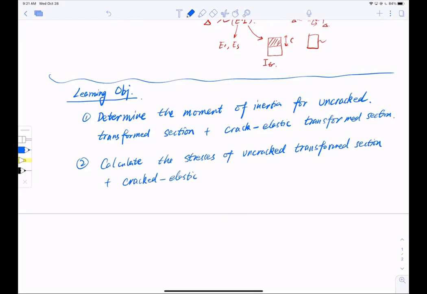Correct. Elastic transformed section. Now you see this a lot. You start to wonder, what does transform mean, right? What do I need to transform to or from, right? What does it mean?